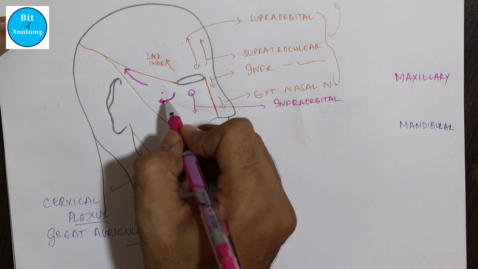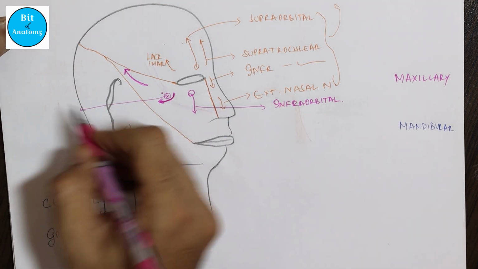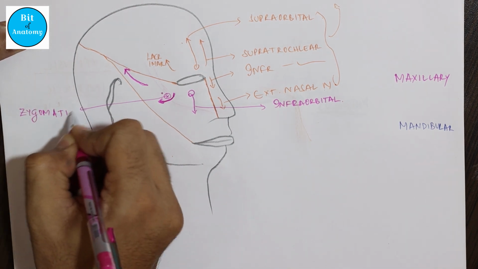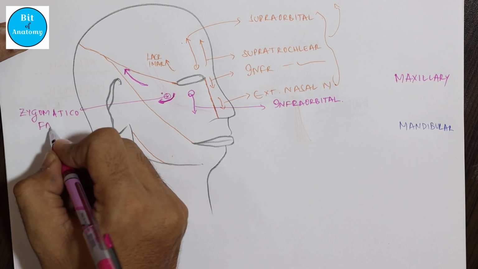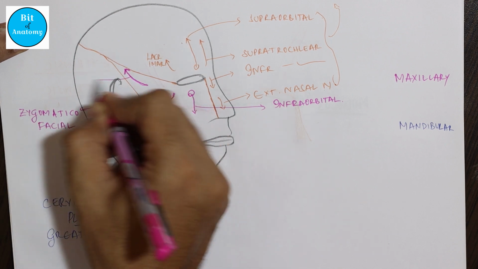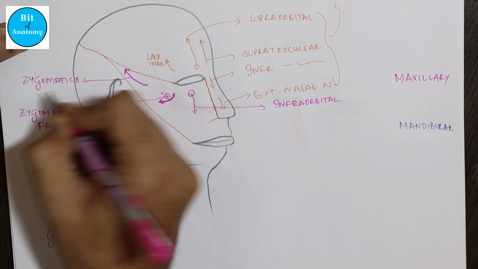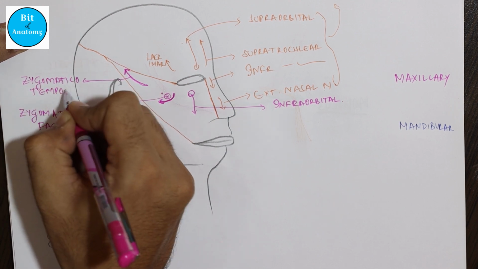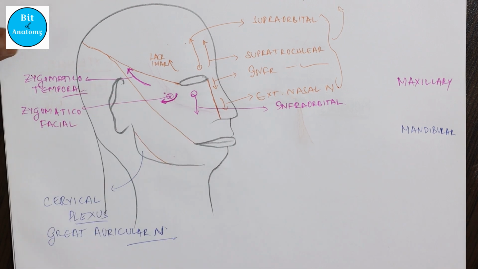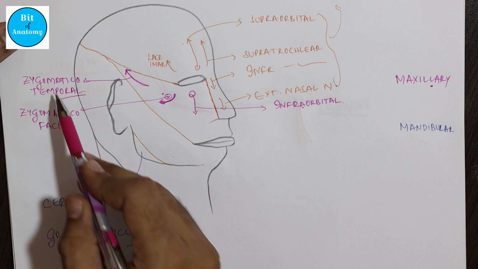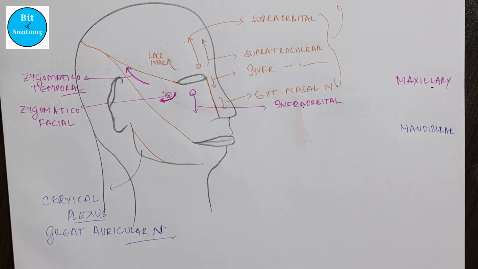This branch is called zygomaticofacial, and this is known as zygomaticotemporal, since it goes towards the temporal region. So these are the three branches of the maxillary division: infraorbital, zygomaticofacial, and zygomaticotemporal.